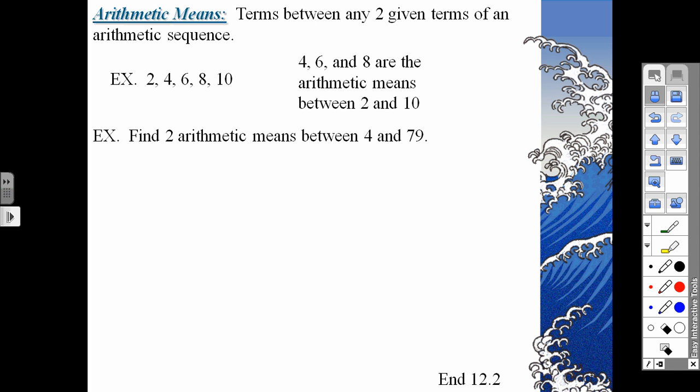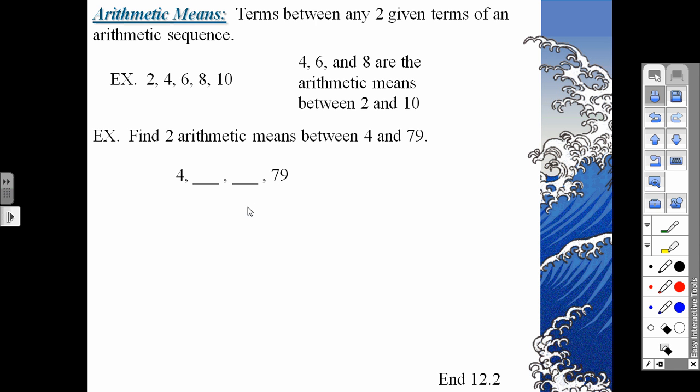So for example, here I want two arithmetic means between 4 and 79. So what we're going to do is we're going to say 4 is the first term and 79 is the last term in this little partial chunk of the sequence. And we want two arithmetic means. So I'm going to leave two spaces blank in here for us to figure out.